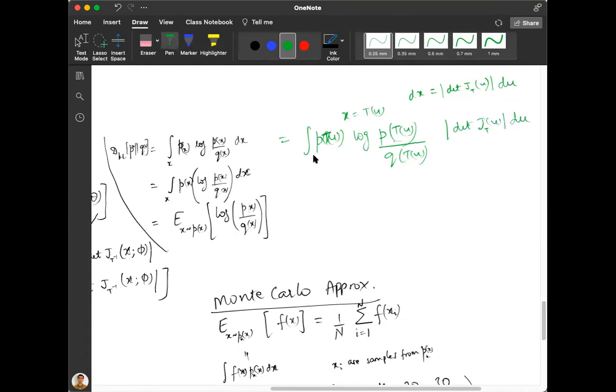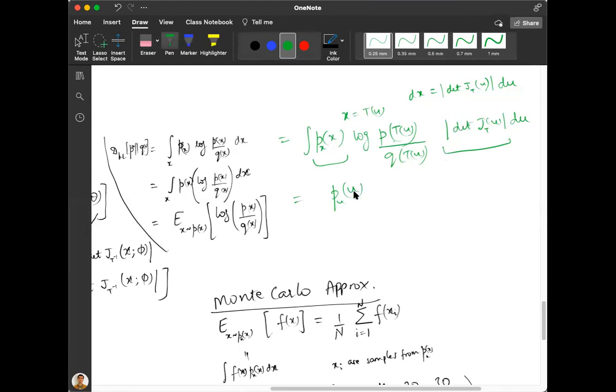Now see this term, which was x actually. Let me put it as x only for the time being. Now this and this will combine to form pu, right? This was Px, this becomes pu now.